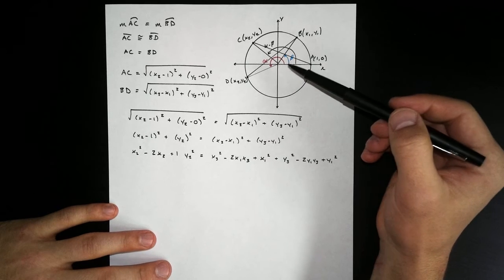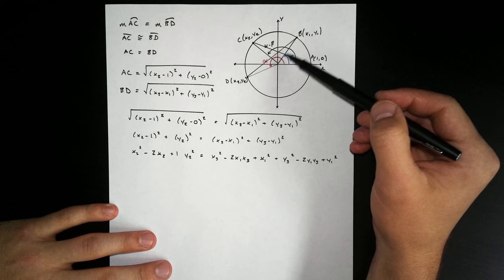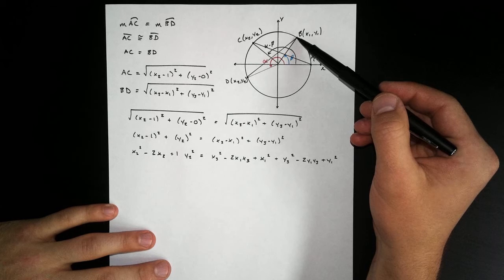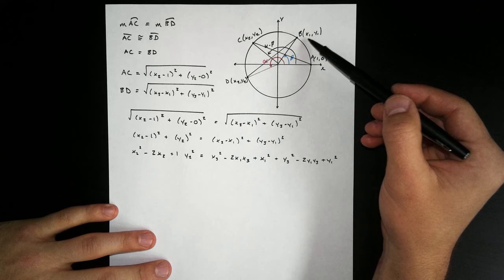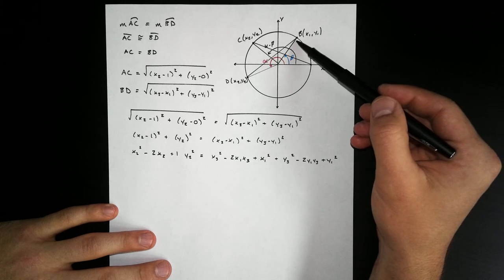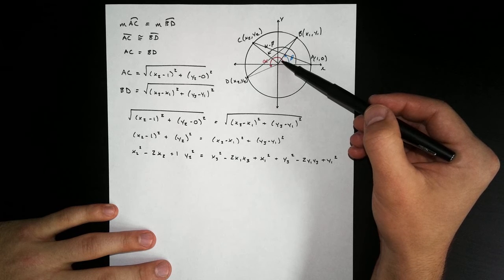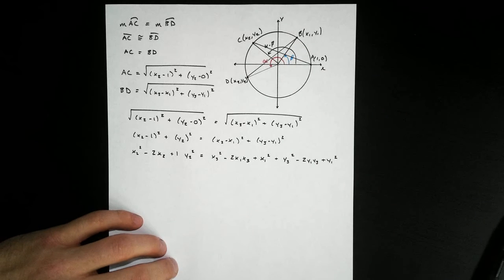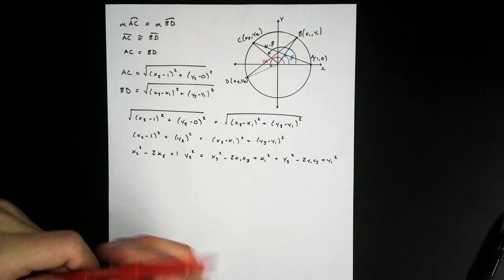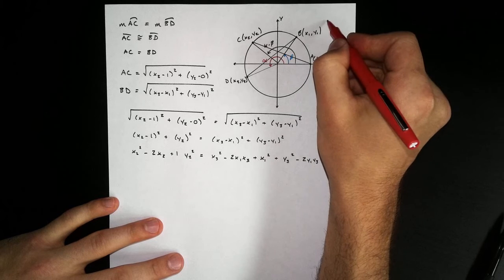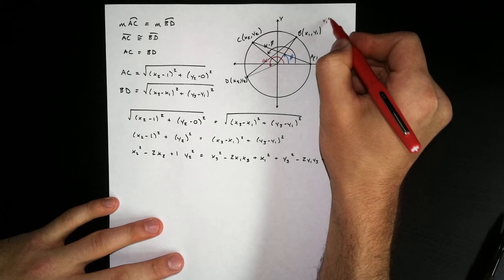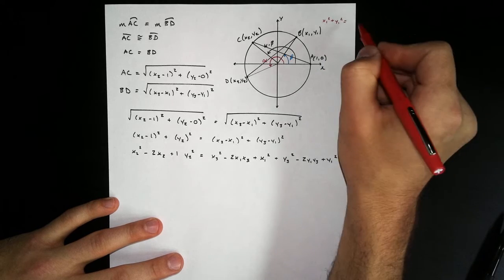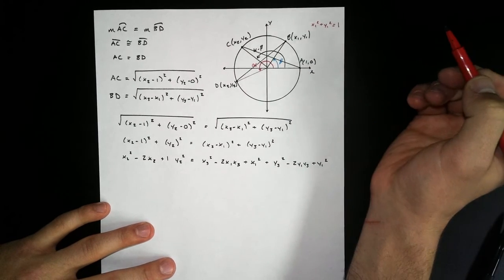And we discussed the property before that for any point that's on the unit circle, just applying the Pythagorean theorem, we know that the x value squared plus the y value squared is equal to the radius squared. So for example, for this coordinate b, and I'll just jot this down here so we can see, we know that x1 squared plus y1 squared is equal to the radius squared, which is just 1.